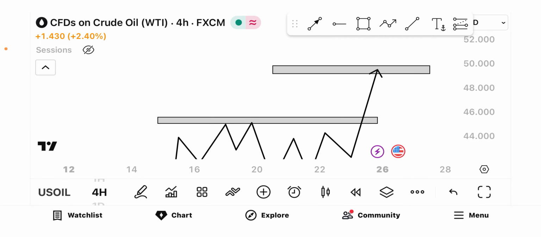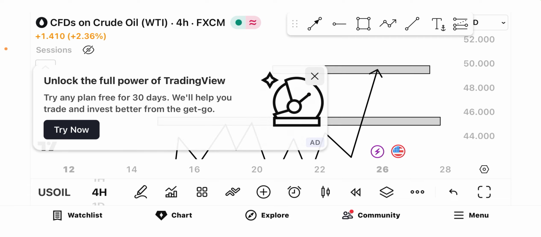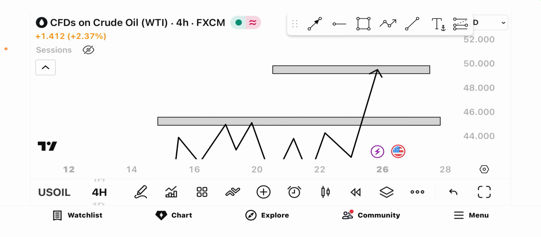When price breaks out of a resistance, price is looking to come back right into the resistance to make the resistance a support.